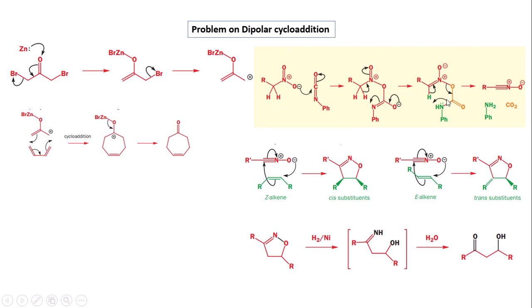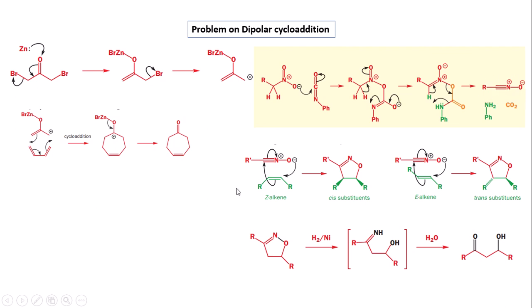And another dipolar cycloaddition is very interesting, and this problem comes in different types of NET examinations and also in different competitive examinations. Here, the dipolarophile, that is the dienophile, is produced from the alkyl nitro compound by reaction with phenyl isocyanate. The ethyl nitro compound is added to the phenyl isocyanate, and after elimination, the dipolar cycloaddition precursor is produced.